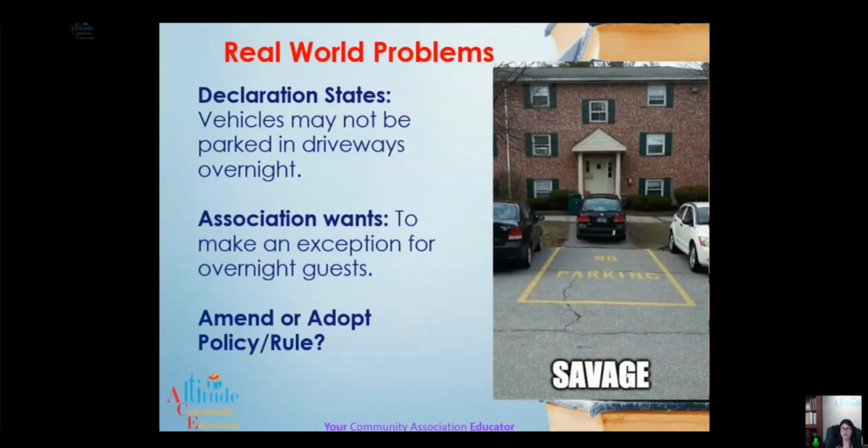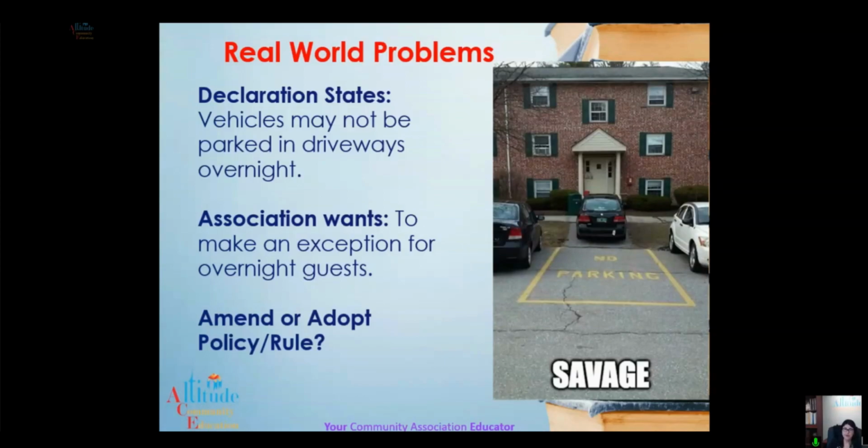But when you've got covenants that have provisions like this that are either not being enforced or outdated or don't really apply to your community anymore, that is a sure sign that it's time to amend, because a board has the duty to enforce its covenants as they are written, whether they like it or not.